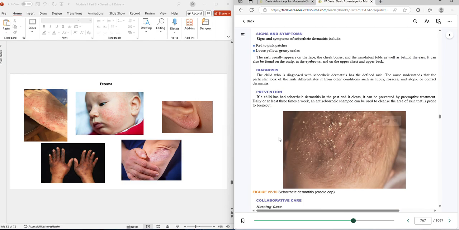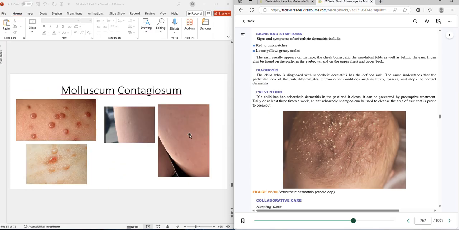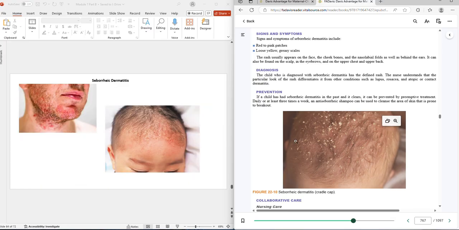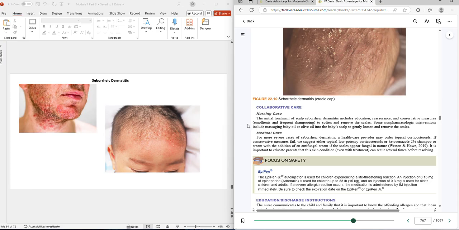All right, on page 767, we're talking about pediculosis capitis. This is a seborrheic cradle cap, okay? So this is seborrheic dermatitis.